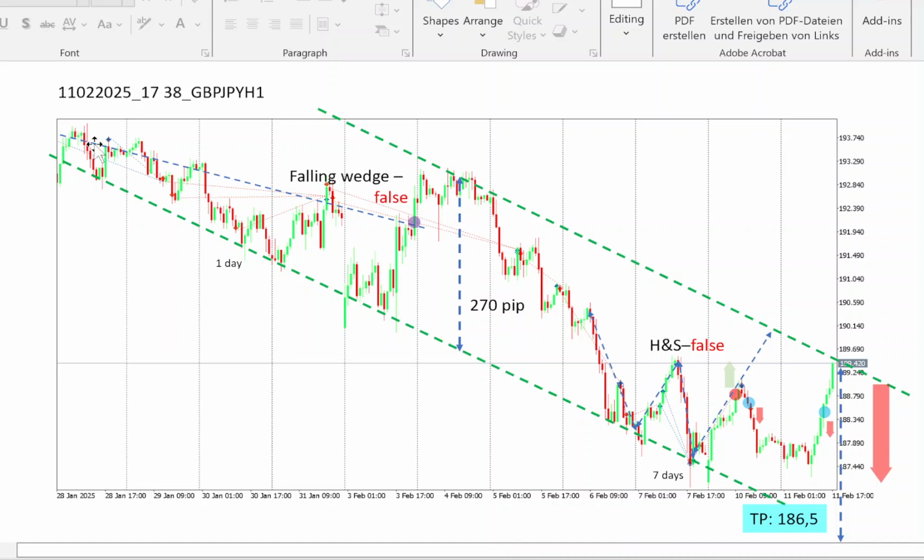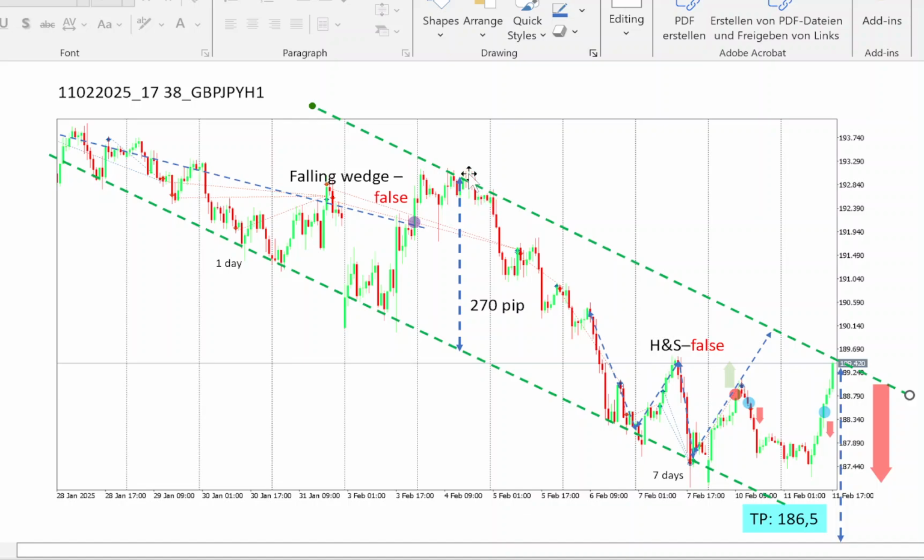For example, here, starting from the 28th of January till the 3rd of February, we could have said that we are dealing here with a falling wedge, and we could have said here at the breakout that it will go up, but it would have been false because we have this downward channel and this upper trend line. And you see the upper trend line of the channel was putting a stop to the upward movement here.